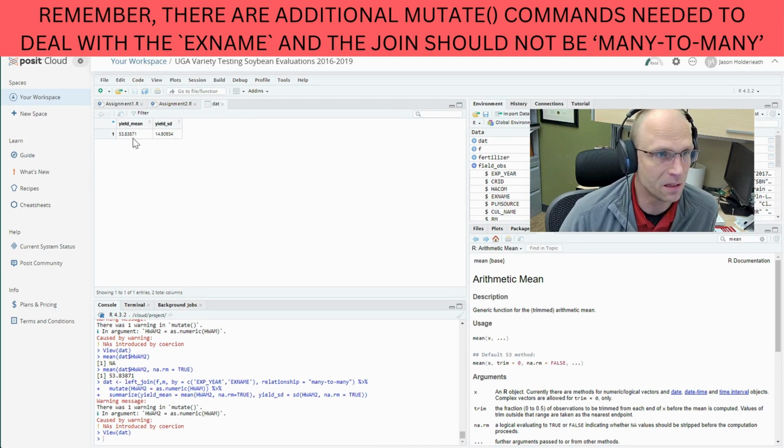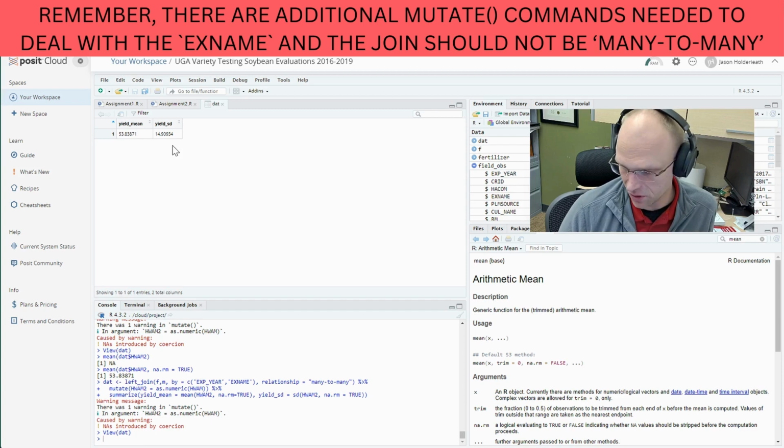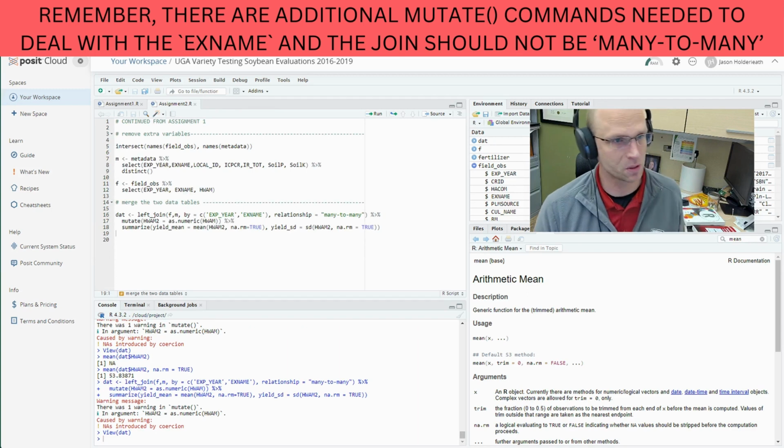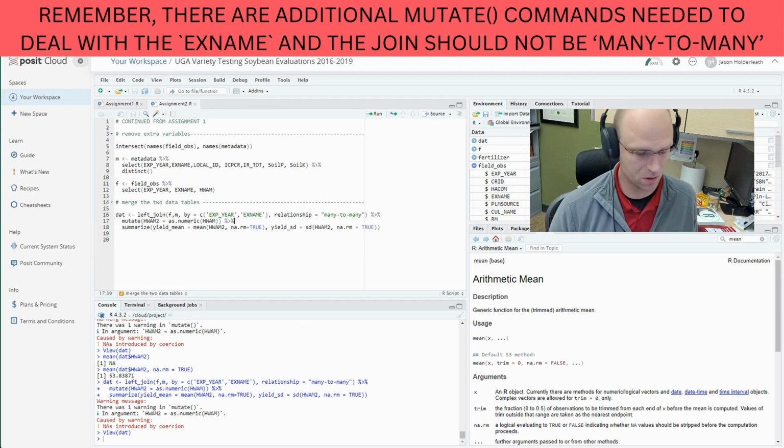Our yield mean is 53.83, and our yield standard deviation is 14.90. So on average, our yields were 14 bushels to the acre, more or less, than 53 bushels to the acre. Okay, so that's interesting. Now we need to group this though.